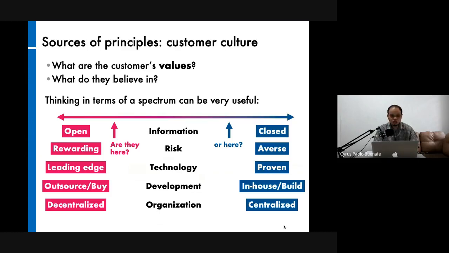That gives you an idea of what's important or valuable to them, what they believe in. It might be good to think of it in terms of a spectrum sometimes. For example, in terms of information, are they open or closed? Do they like to share information, or are they a little restrictive in that area?